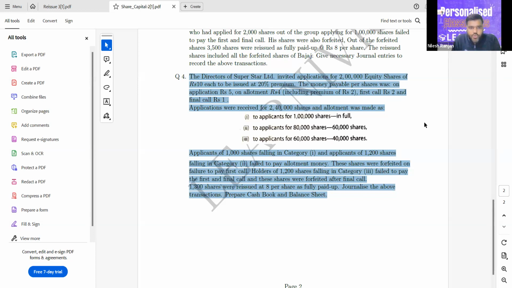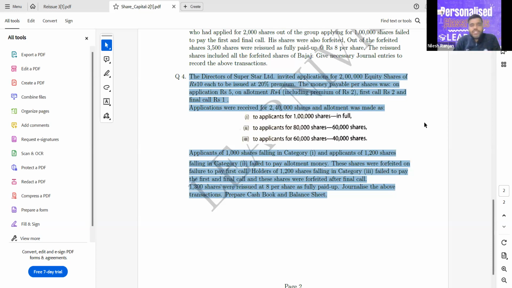Okay. So question number 4: the directors of Superstar Limited invited applications for 2 lakh equity shares of rupees 10 each to be issued at 20% premium. The money payable per share was: on application rupees 5, on allotment rupees 4, including premium of rupees 2, first call rupees 2, and final call rupees 1. So in this question, the application amount is clear, it is 5.